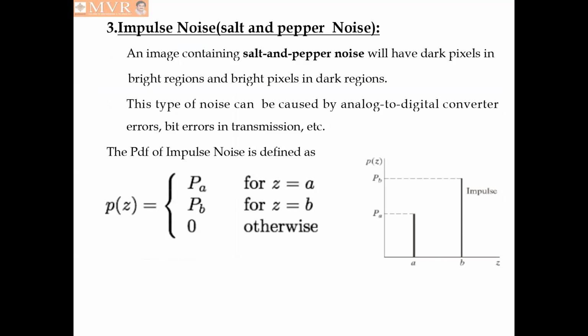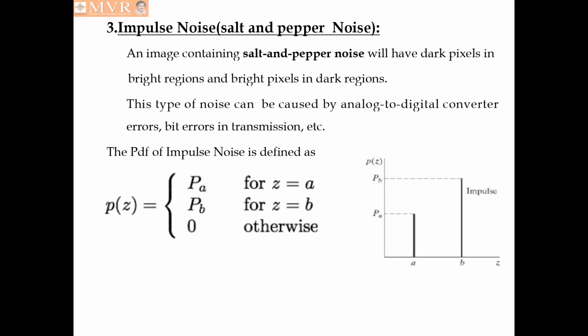Impulsive noise is also called salt and pepper noise. An image that contains salt and pepper noise will have dark pixels in bright regions and bright pixels in dark regions. We may identify this type of thing on our passport size photos. Sometimes we may identify a few dark dots or sometimes small white dots.